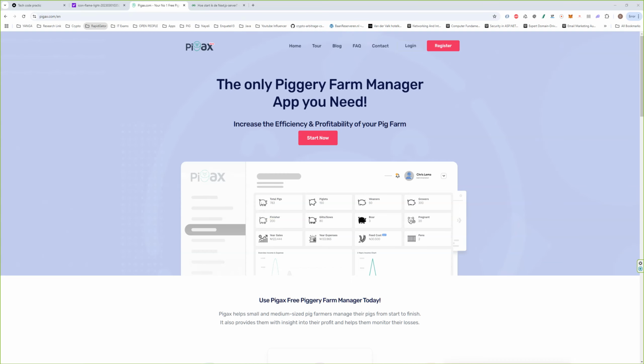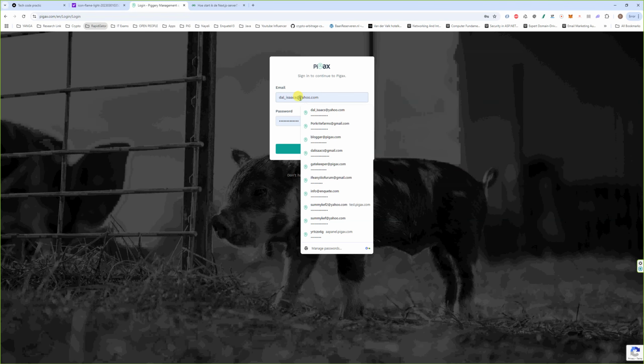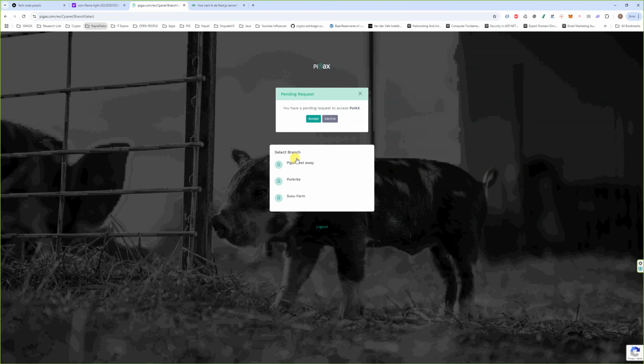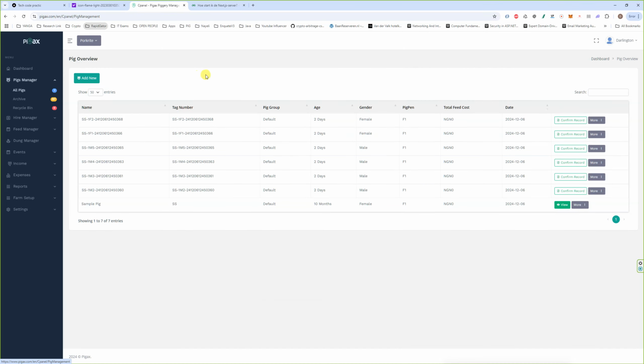Yeah, so, first of all, do you have a farm with one of your testing accounts you can just log into? Yep. Okay. Do you have sows? Okay. So we use this one.